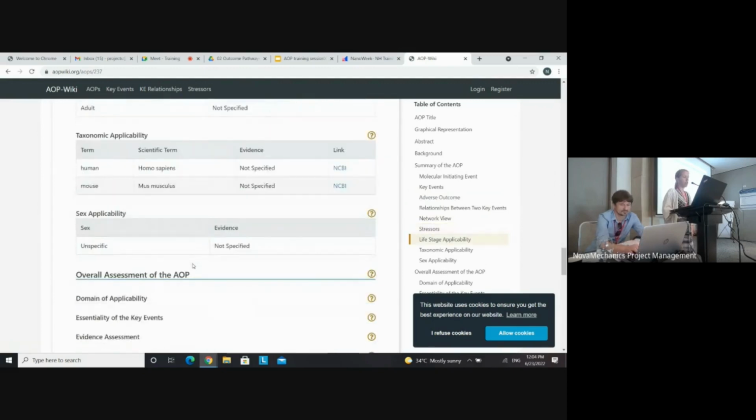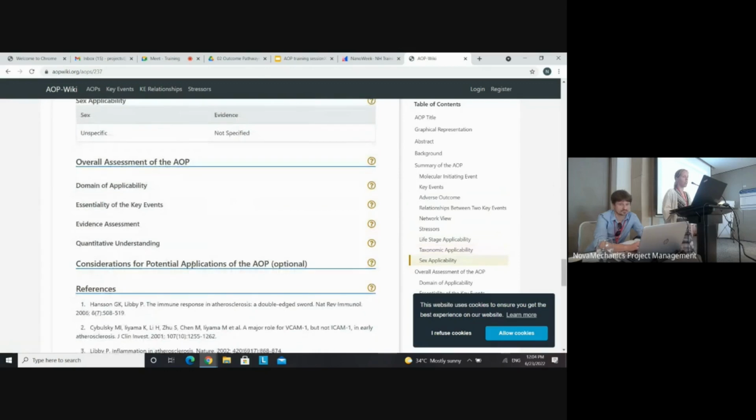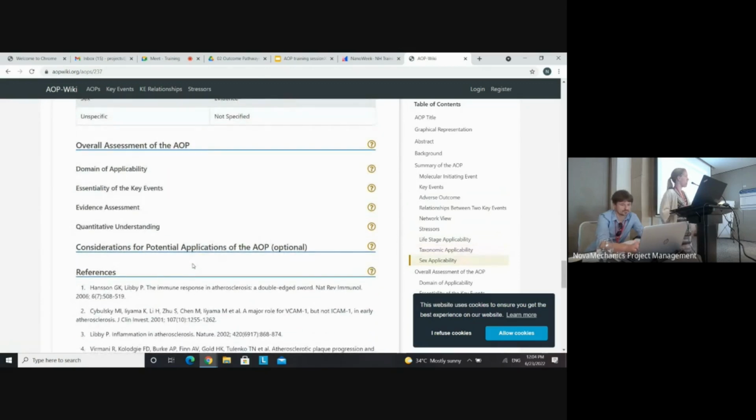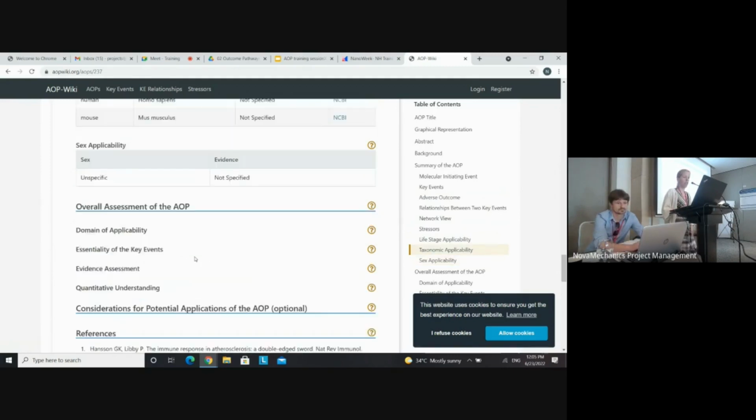And then you also have to enter a lot of other stuff. But here you see the overall assessment of the AOP, and this is why the status of our AOP is the way it is, because we haven't done all these overall assessments, all this weight of evidence and everything to get to fully endorsed. But don't be discouraged. The most important thing is to get your work out there, and then everything can follow later.